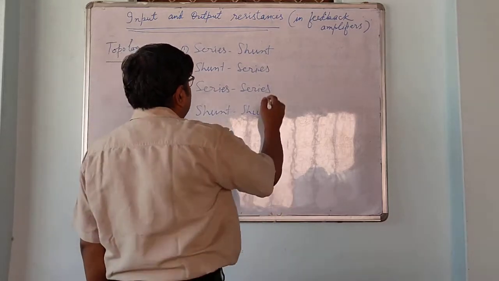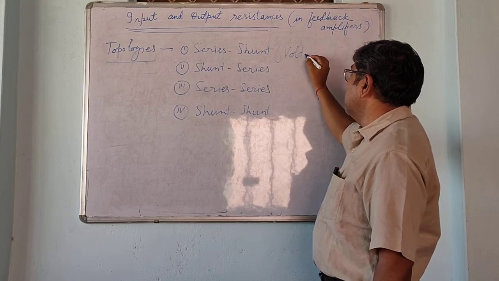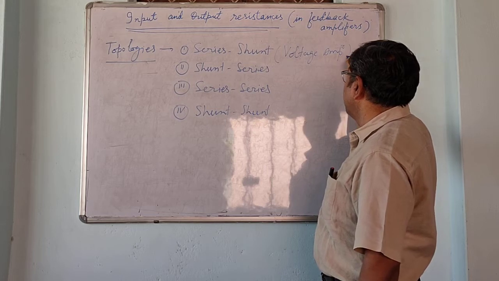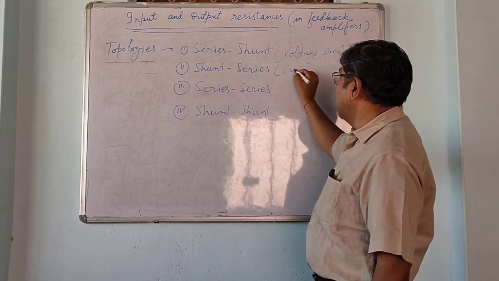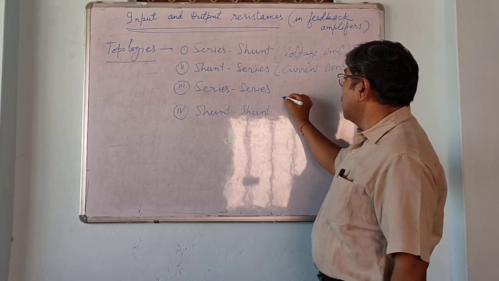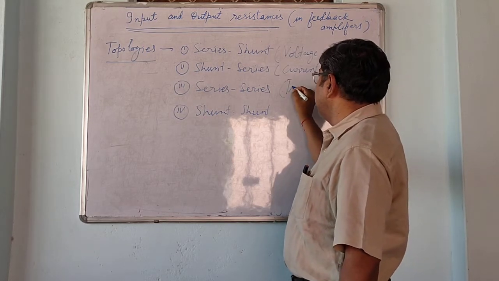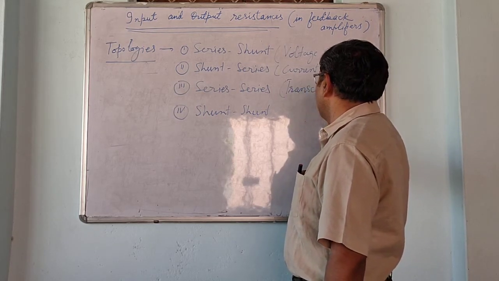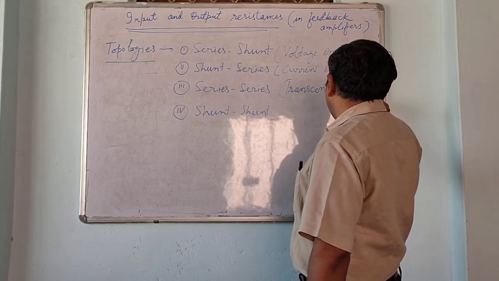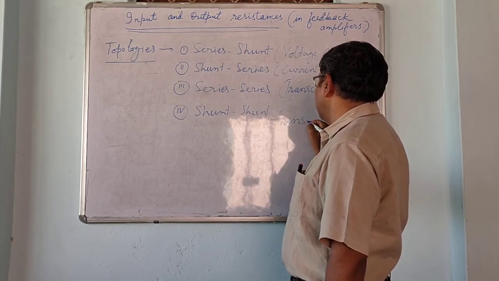These four topologies are used in four different amplifiers. First one is voltage amplifier, second one is the current, third one is the transconductance, and last one is the trans resistance.